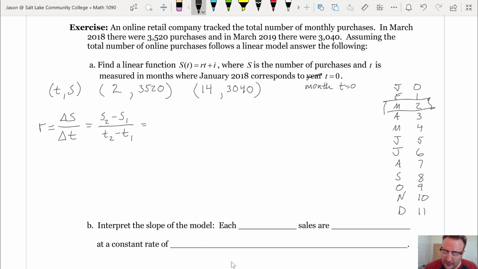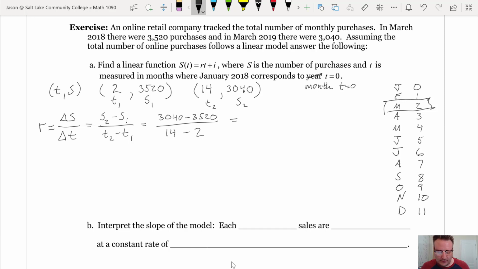Let's see, I'll call this T2, S2, and I'll call this T1, S1. So then this will be 3,040 minus 3,520 divided by 14 minus 2.